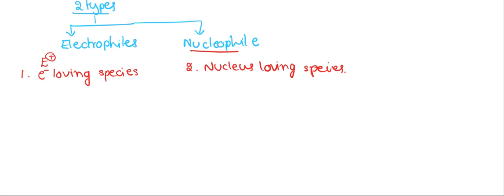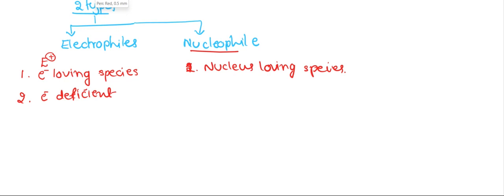The second point: an electrophile is electron deficient. Here we can simply remember E plus, where plus indicates the deficiency of electrons, as in cations, which represent the deficiency of electrons.